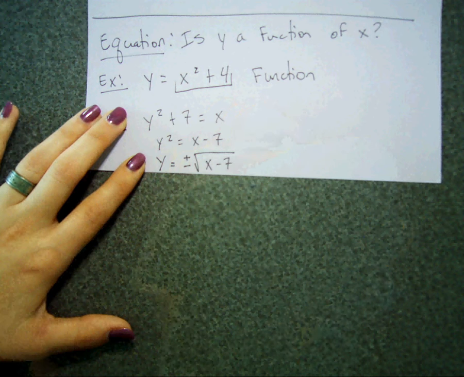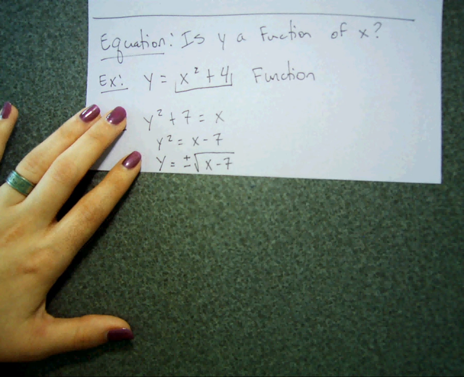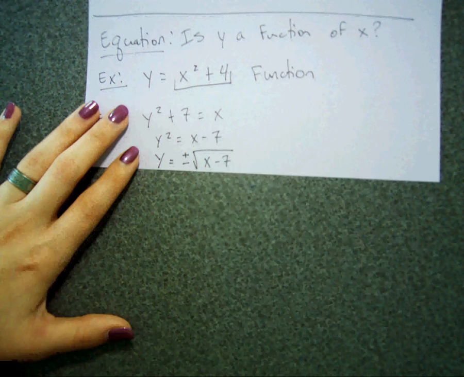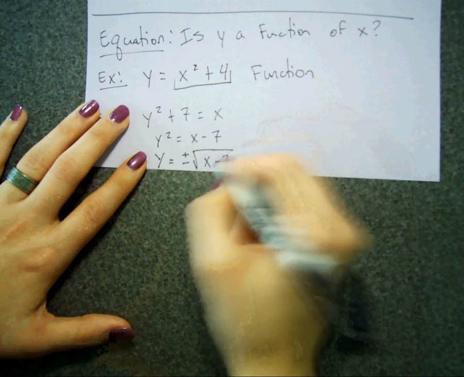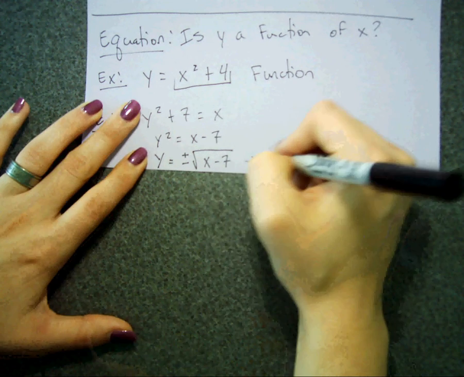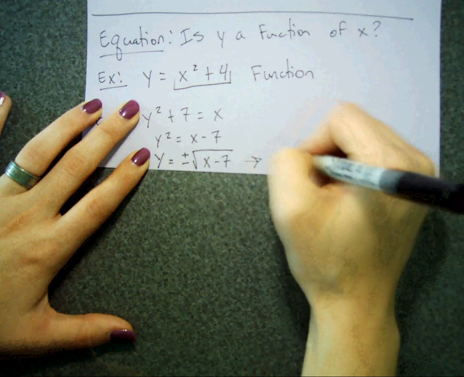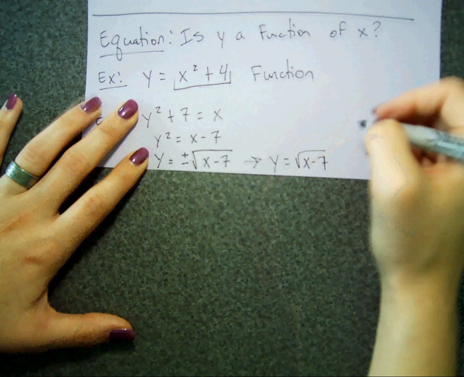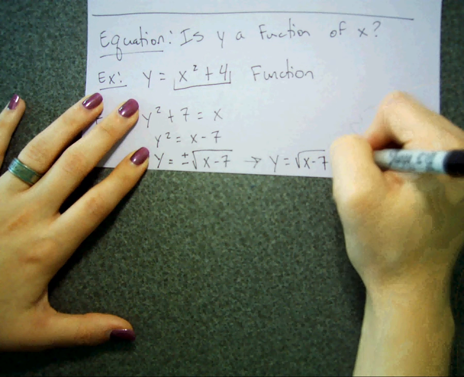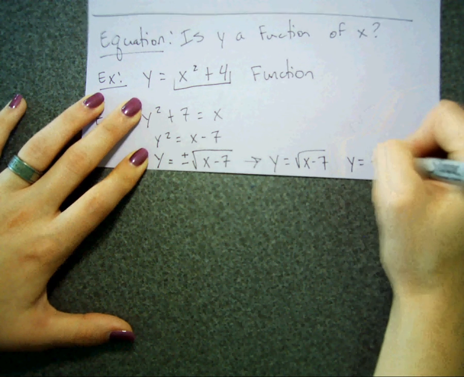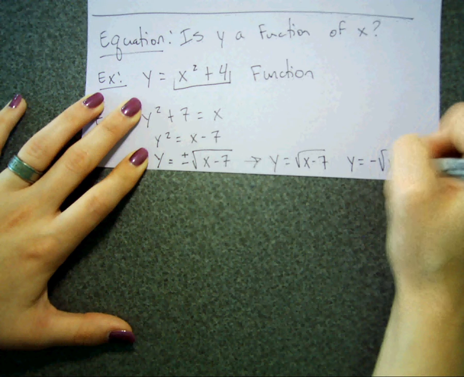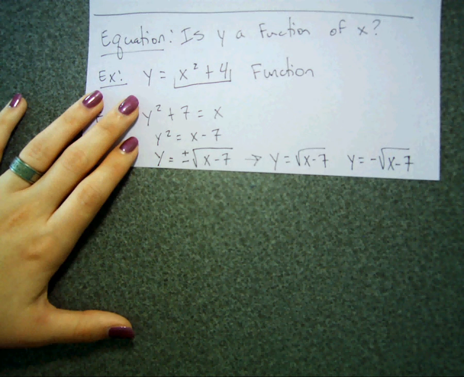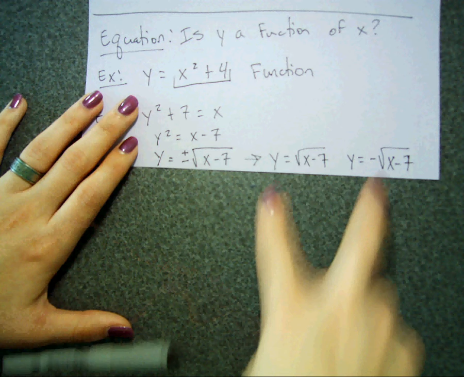Now this tells me if I plug in a single value for x, then either y will equal the positive square root of x minus 7, and y will equal the negative square root of x minus 7. So I plug in a single value for x, and I end up getting two different values for y.